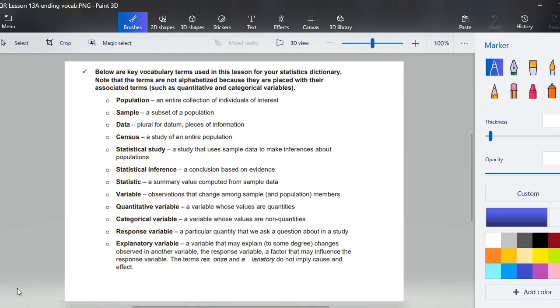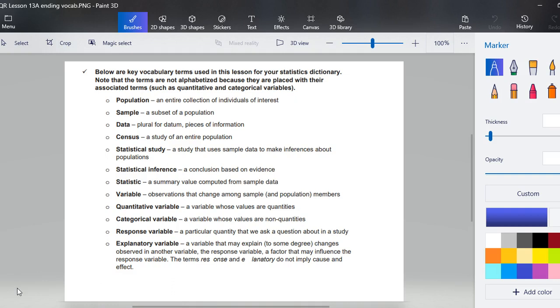So I would go back and grab my flashcards that I've been making this entire lesson. I would grab my glossary or my Google Doc, and make sure that what I have written down and what this list at the end of our lesson has are all complete. It says the words below are the vocabulary terms used in this lesson for your statistics dictionary.